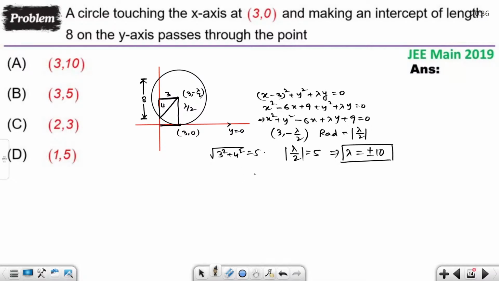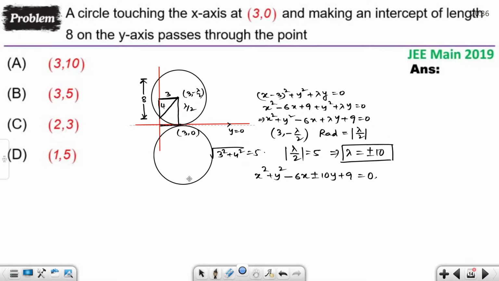Therefore, the equation of such circles will be x squared plus y squared minus 6x plus minus 10y plus 9 equals 0. Because you can easily see that there will be two such circles possible. One is here and another one is here. That is why we are getting equations of two circles.